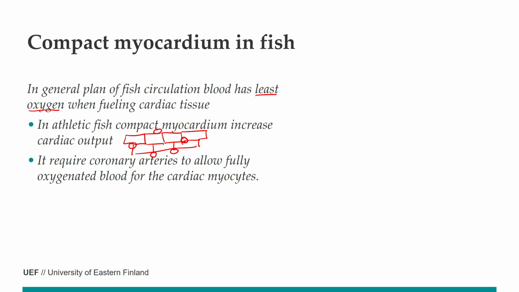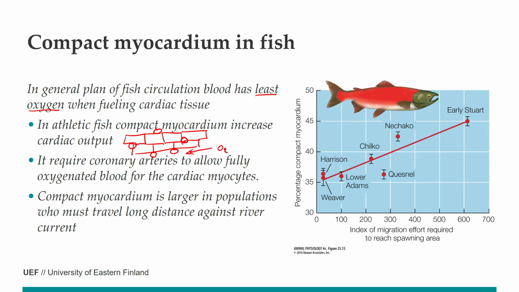And therefore it requires coronary arteries to allow the fully oxygenated blood. So in these capillaries, you must get oxygen-rich blood. And in the compact myocardium, the fish can modify this tissue very drastically.